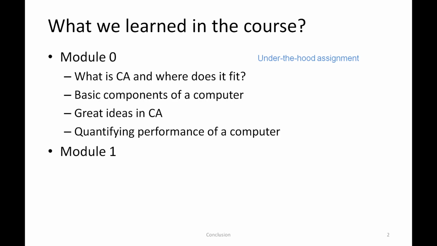Following module 0, we moved on to module 1, where we looked at the term called instruction set architecture, what it is all about, what all information is given in ISA, and how the hardware and software are built following an ISA. And we also looked at two predominant ISA categories, which are RISC and CISC.